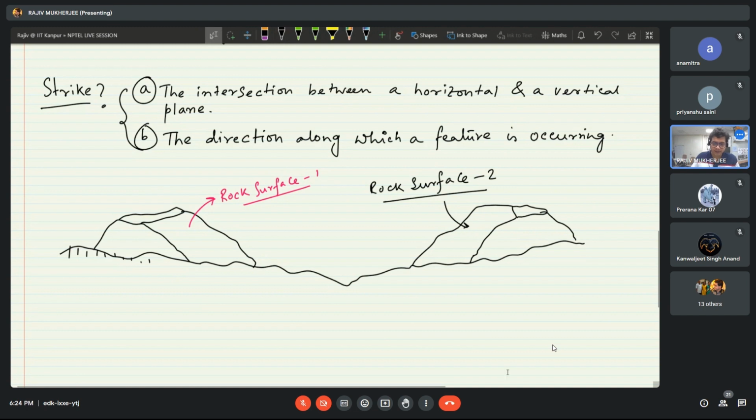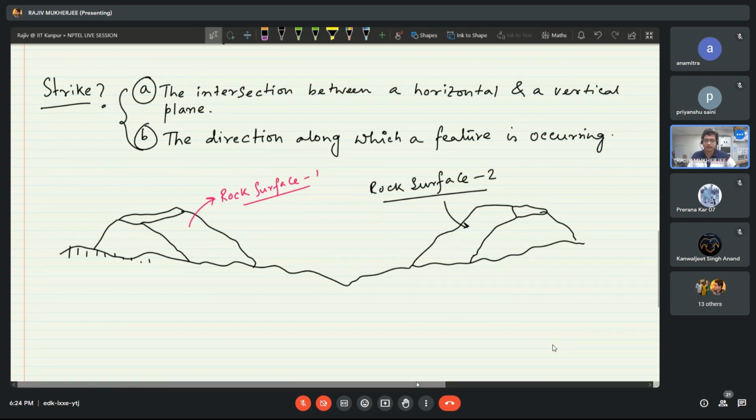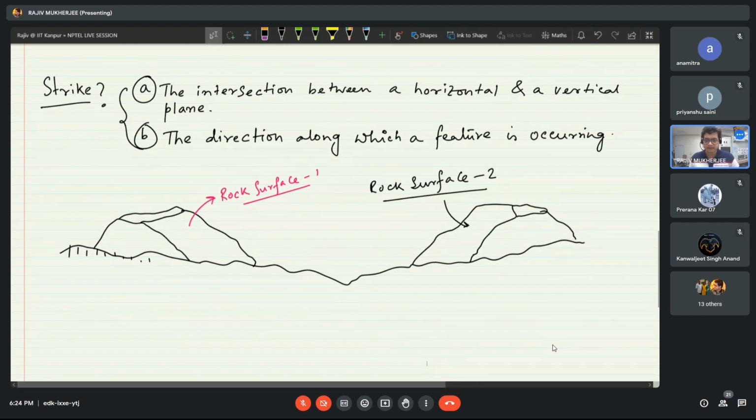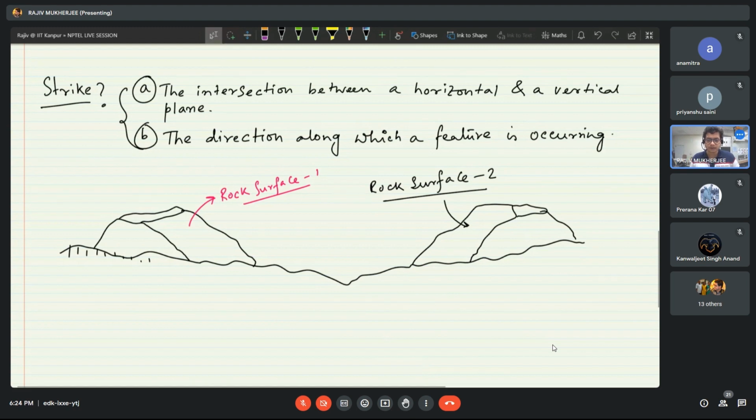Now, a structural geologist who wishes to conduct field work, just a second. Okay, a structural geologist who wishes to conduct field work has encountered these two rock surfaces.